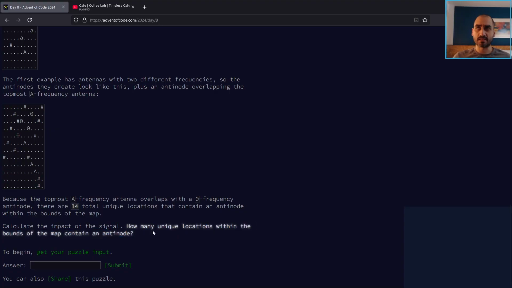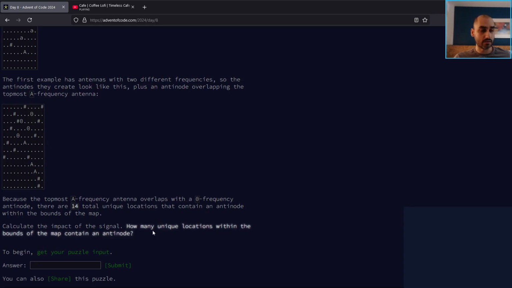So didn't I basically already say the algorithm? You compute the vector for a given pair of antennas of the same frequency. You take the vector from one to the other, double it, and that gets you to one antinode. Do it the other way, and that gets you one antinode.